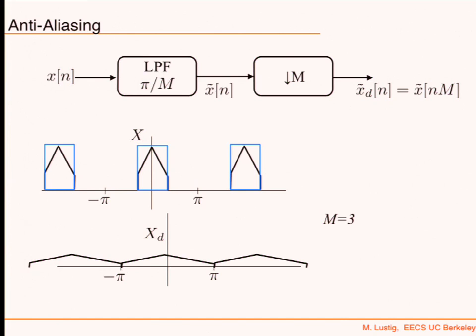Okay, so now let's talk about, yes? Is there ever a case where you would prefer to let the high frequencies alias instead of using an anti-aliasing filter? Interesting. Yes. If you want to do filter banks, splitting your signal into multiple frequency bands, sometimes you are going to allow some aliasing.